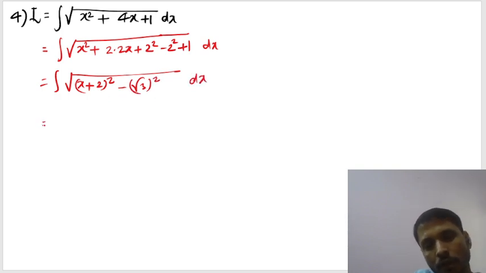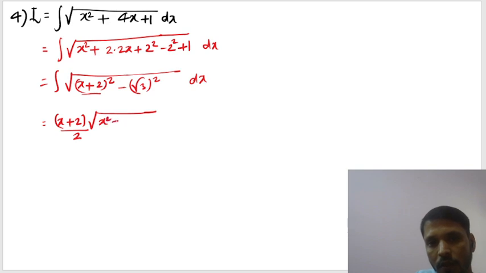It is in the form of x square minus a square. We can consider this is x, so here x plus 2 and then divided by 2 under root of the given question, that is x square plus 4x plus 1. And here after that we are writing, since the middle sign is minus, so minus what?